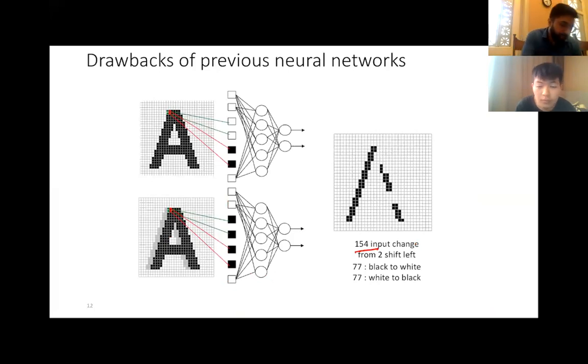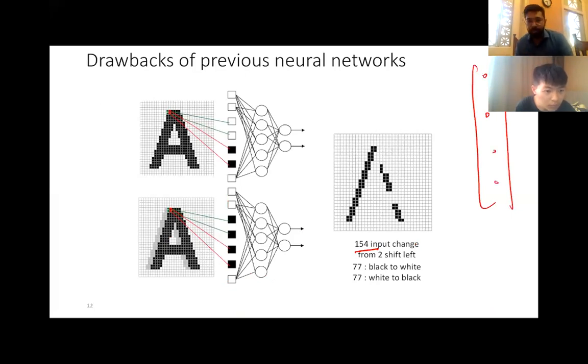So it's like this vector, 154 values in them would flip completely just by moving it by 2 pixels. This is huge. And remember, it has just 256 pixels, so 154 out of 256 is more than half the pixels.